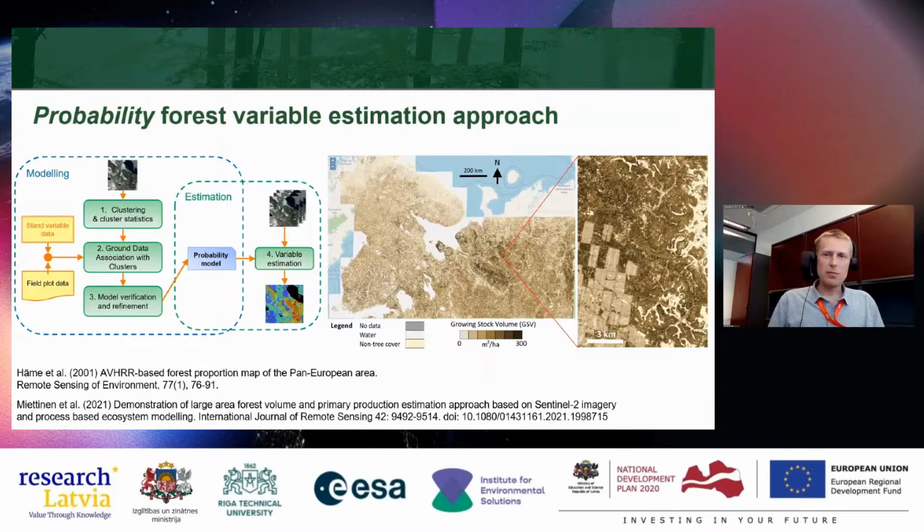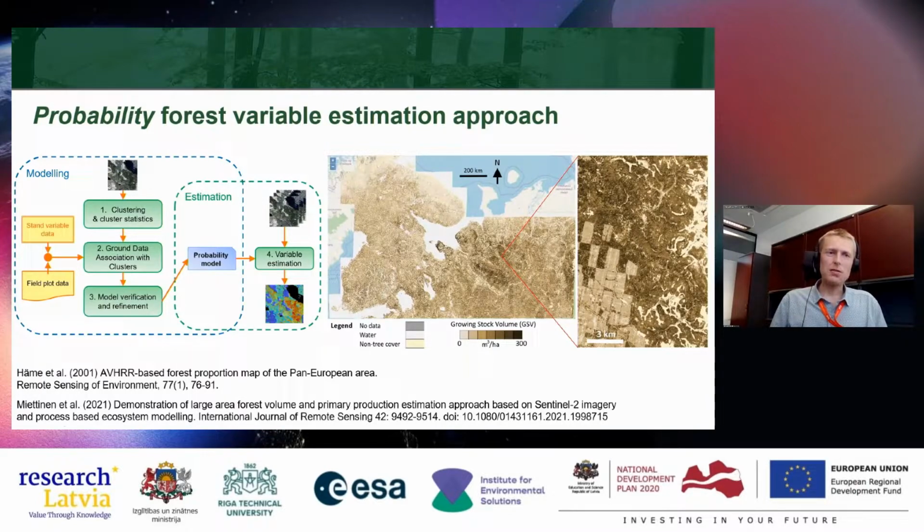Another approach that is widely used in the platform is this probability. I don't know if Oleg has mentioned this actually during the day already, but it's again a VTT developed approach, an empirical method to estimate forest structure variables like height or diameter. And it has a few steps.